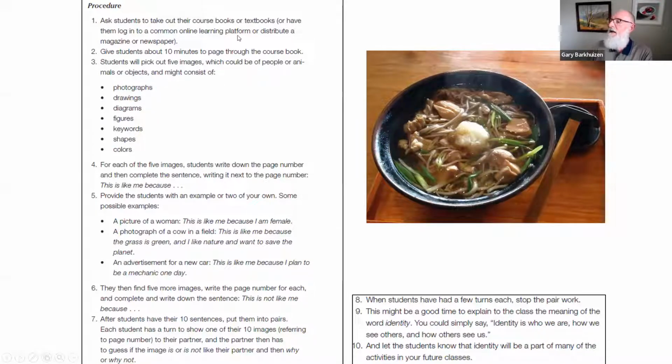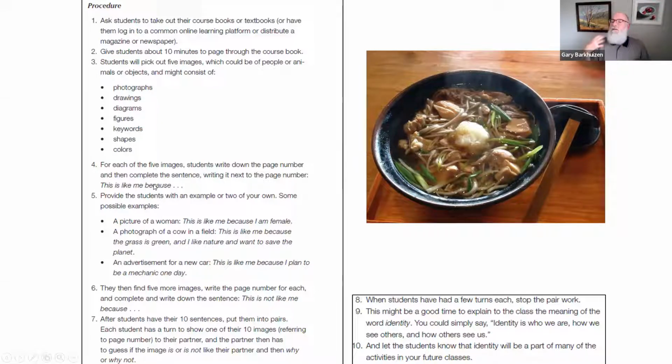Ask students to take out their course book or textbook or log into an online learning platform if that's what they use, and give students about 10 minutes to page through the course book, and students then pick out 5 images, which could be of people or animals or objects, and may consist of photos, drawings, diagrams, figures, keywords, shapes, colors, whatever the case may be.